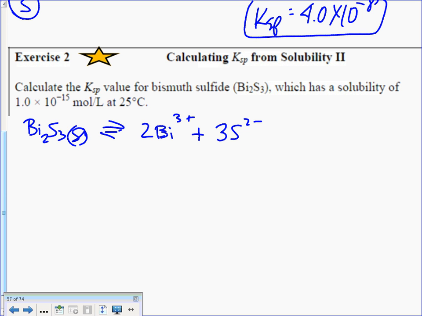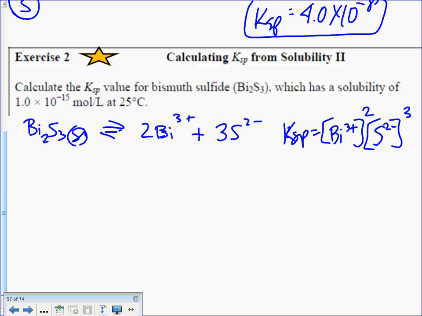So what is this K expression? Yeah, that's good. So bismuth 3 plus squared and sulfide cubed. Okay, so make sure you set up your information with your charges and with your exponents.